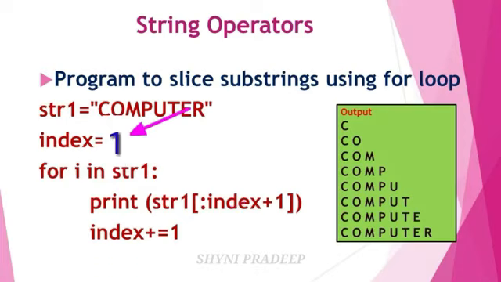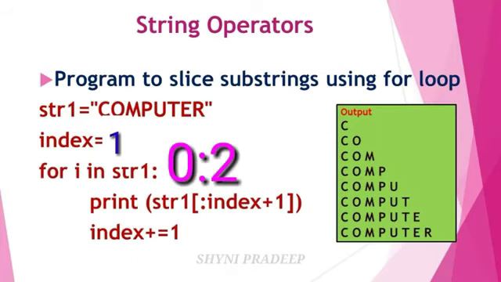Okay, so see the next letter O and see the print statement. Index position starting value is what? Here not given, but you have to take it as 0. Okay, the end value is given, that is index plus 1. Now what is the index value? 1. Okay, 1 plus 1, 2.